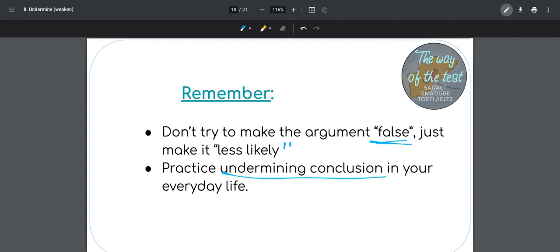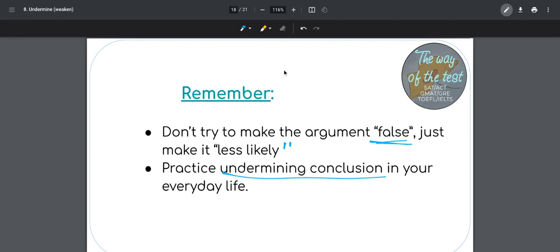You can practice trying to make conclusions less likely. Conclusions from politicians, from your parents, from your friends, from TV, from whatever it is. Try to think, what will make this not true? Or what will make this less likely to be true?